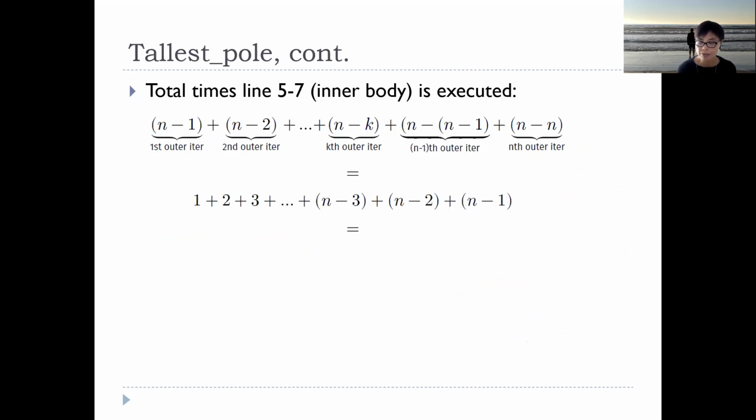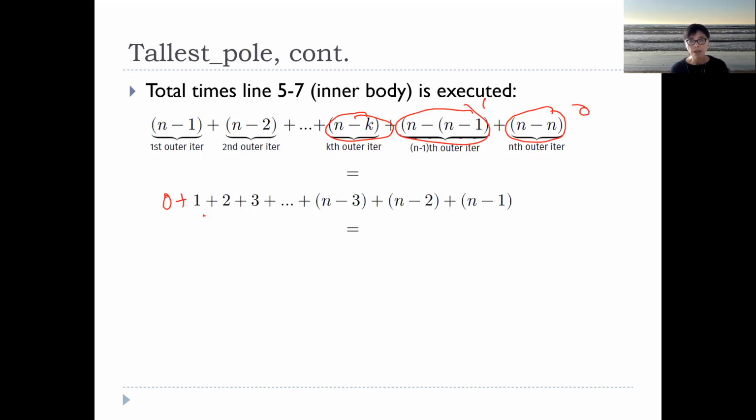This gives us 1, then 0. So as you can see, this is simply the arithmetic series in inverse order. It's basically 0 plus 1 plus 2 and so on, all the way till n minus 1.